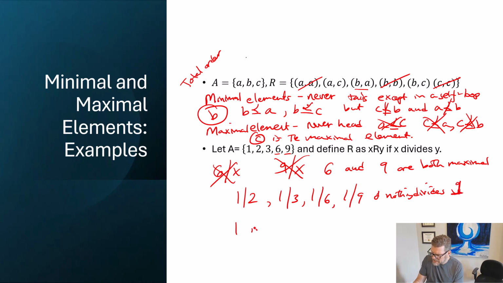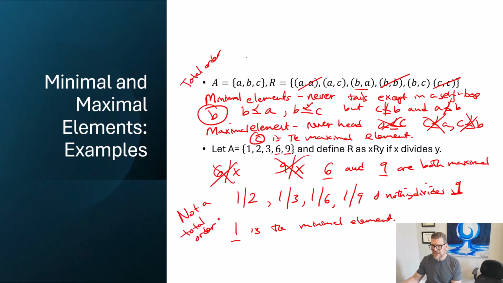So 1 is the minimal element. So in the case of this particular relation and this particular partial ordering, we have 2 maximal elements, 6 and 9, and 1 minimal element. Kind of different. Also notice, this one here is not a total order. The elements are not all comparable, and that's actually what allows us to have both a minimal and a maximal element.